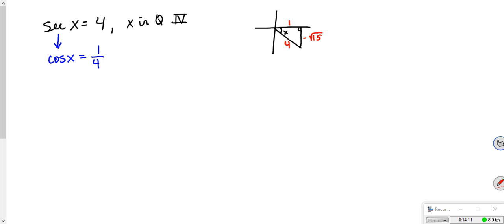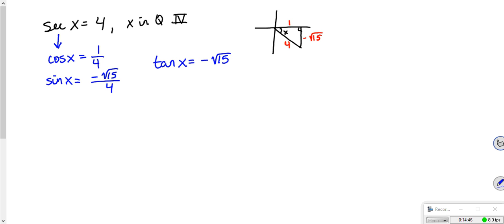So sine x, remember sine is opposite over hypotenuse, is negative root 15 over 4. And tangent x, remember, is opposite over adjacent, so that is negative root 15 over 1.